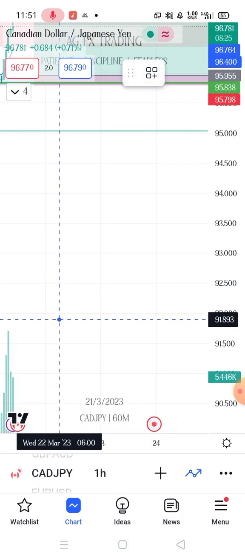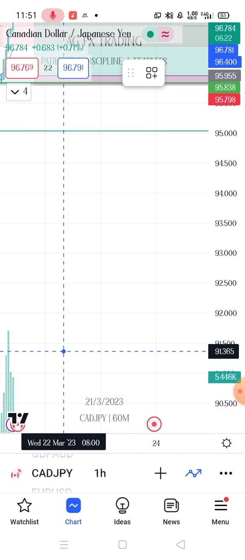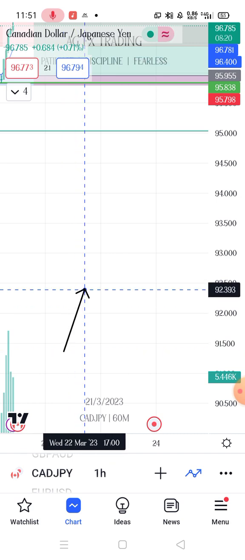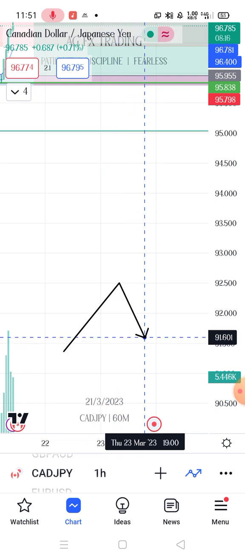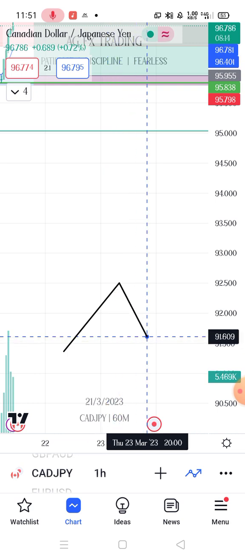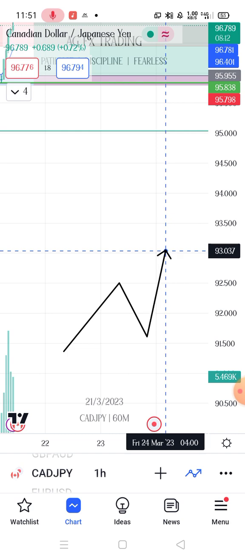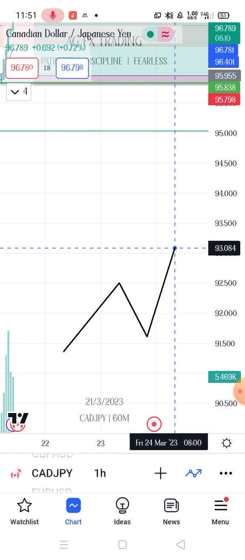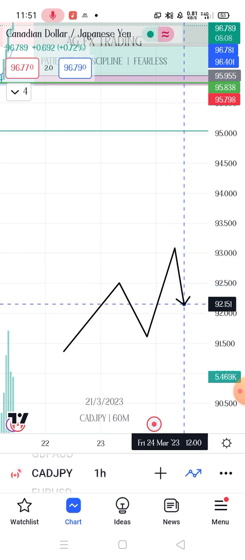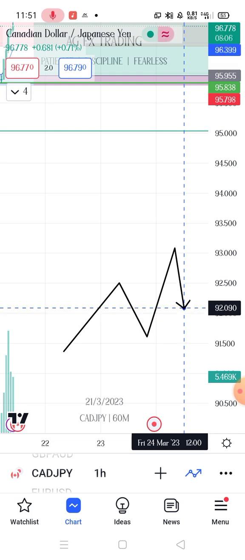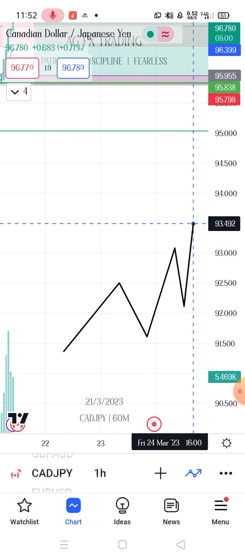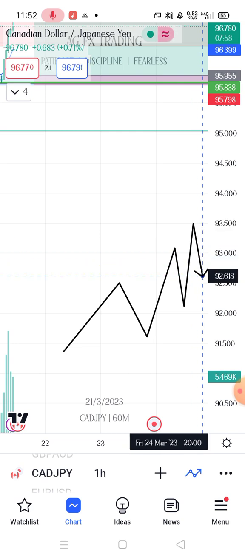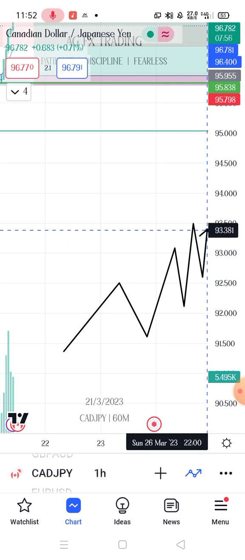Now, when you see it going this way, then up and down, then up, then down, and up.